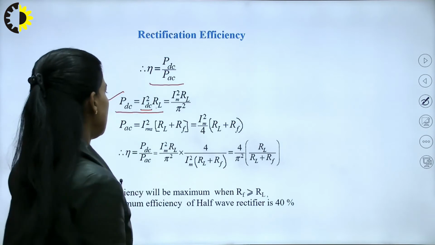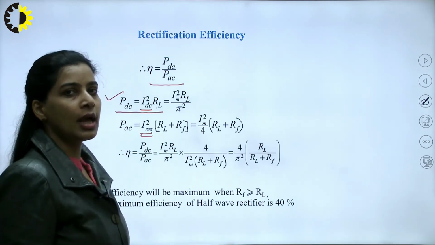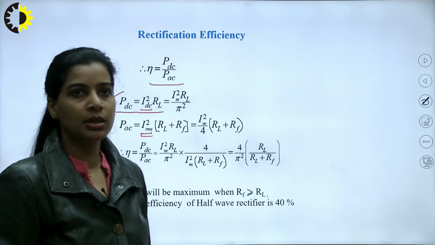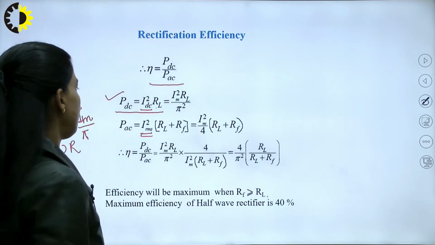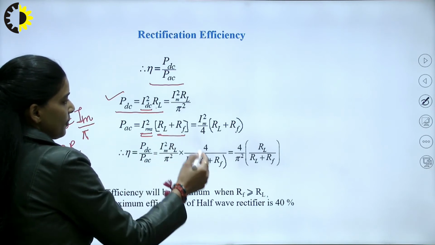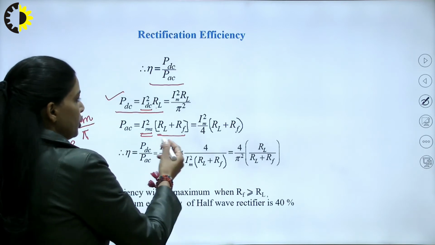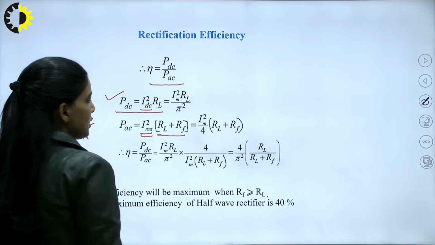PAC, that is IRMS square. Why we are taking RMS? Because this RMS value of current is defining the AC component of current of the half wave rectifier. So, IRMS square into RL plus RF, that is the forward resistance of the diode, and putting the value we get Im square by 4 into RL plus RF.